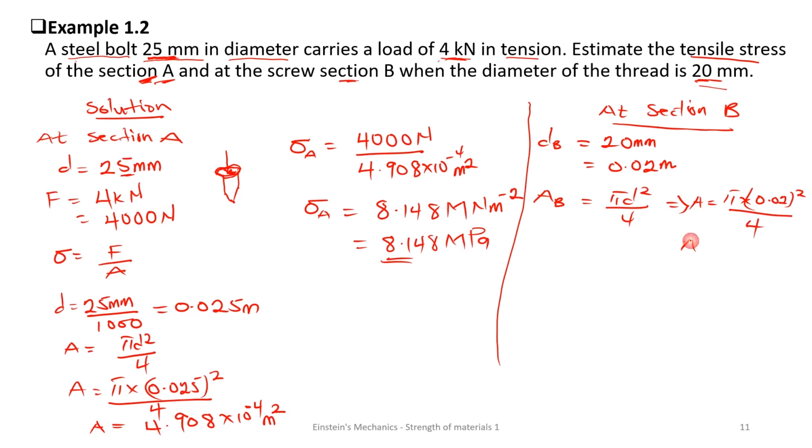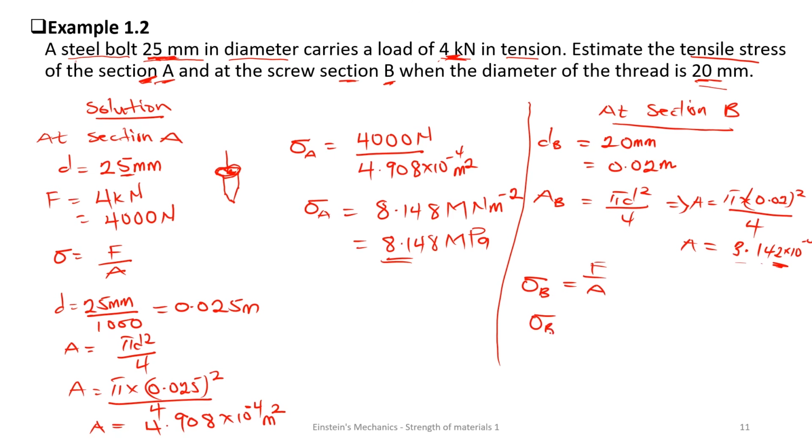What answer are you getting for the area? I am getting 3.142 times 10 to the negative 4. Check the different areas. I'm getting 4 point something here and 3 point something here. But the same force, I told you they gave us just a force acting at both section A and section B. So at section B, the tensile stress is the same force over the area.